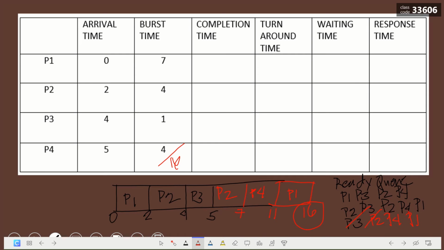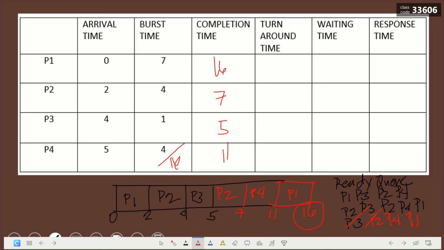Now, to write the completion time, based on our Gantt chart, the completion time of P1 is 16, the completion time of P2 is 7, the completion time of P3 is 5, and the completion time of P4 is 11.